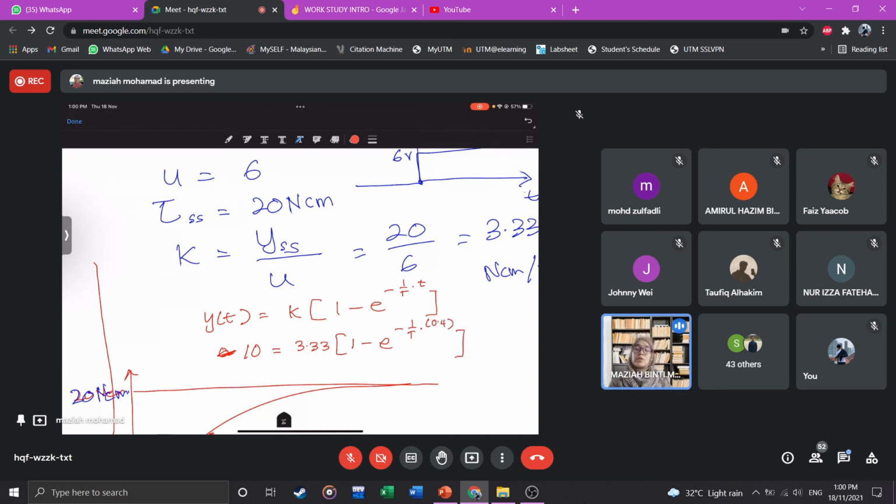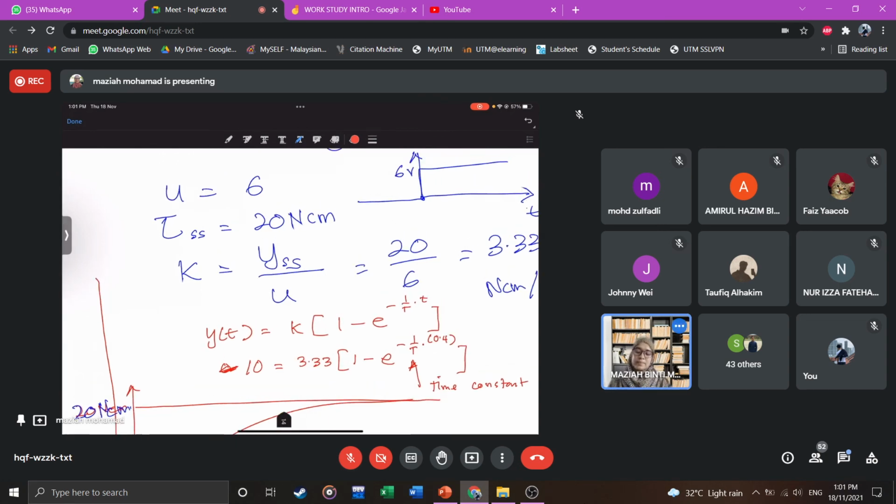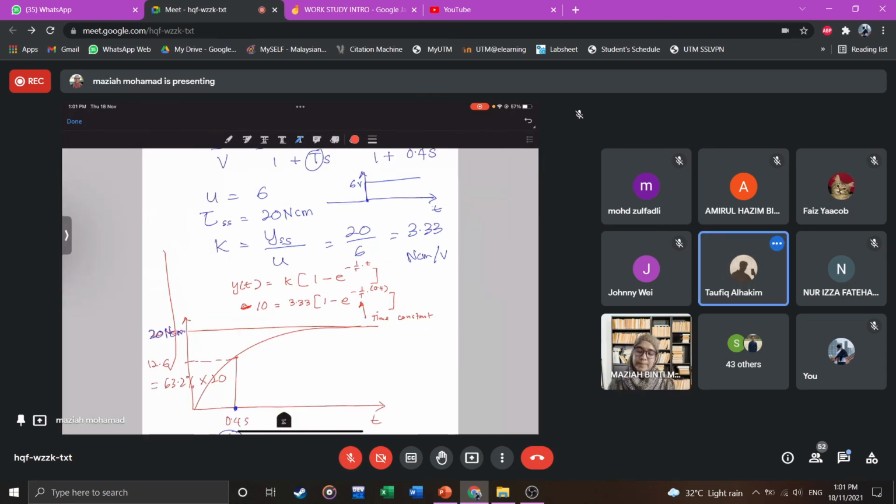So you need to solve this equation to get the time constant, using the time response equation.